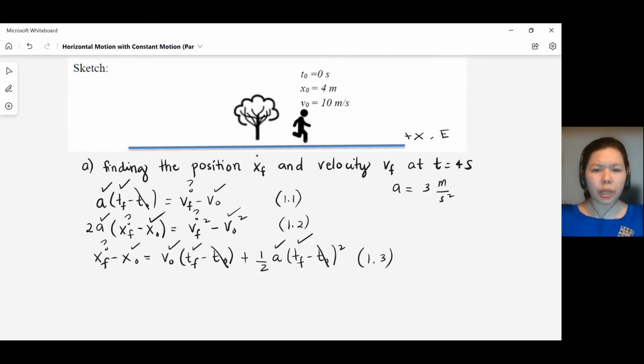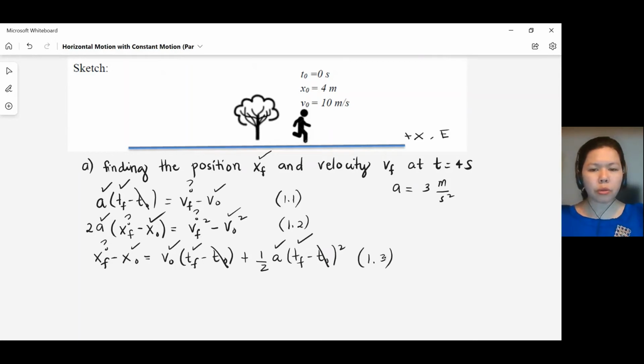And to solve for XF, we can use 1.2. If we can get the VF using 1.1, then we can use 1.2 by substituting the VF of 1.1 into 1.2.